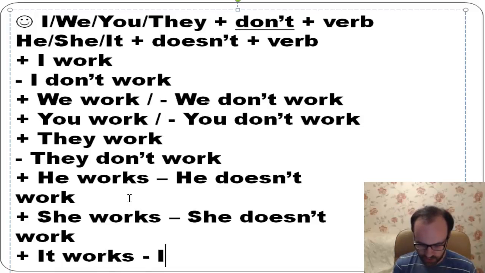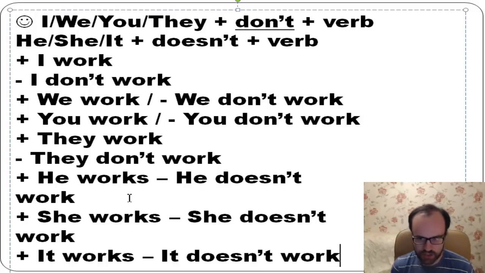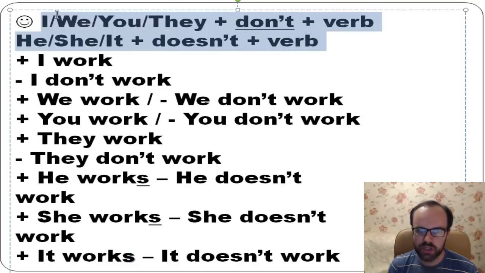It doesn't work. Please don't forget about s when you have he, she, it. I, we, you, they plus don't plus verb. He, she, it plus doesn't plus verb.